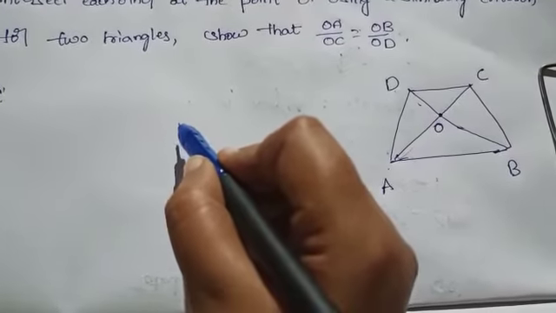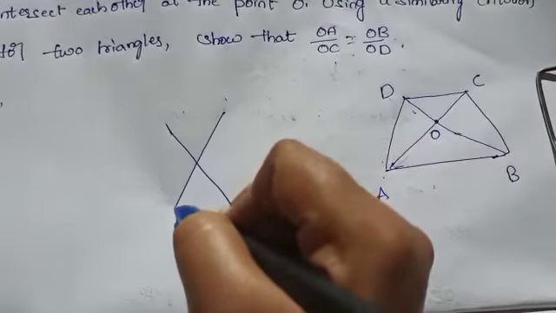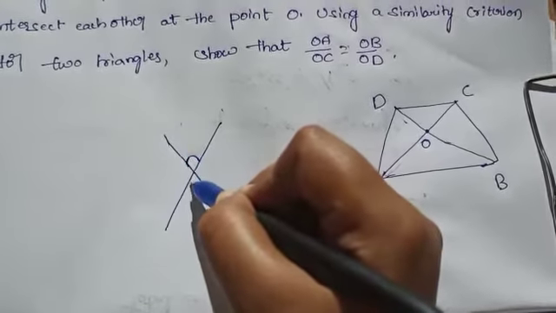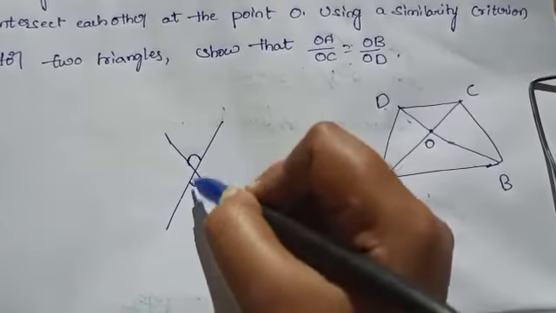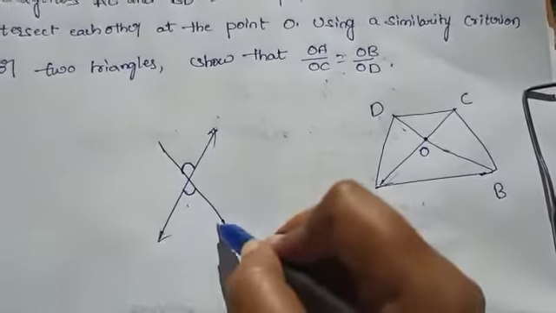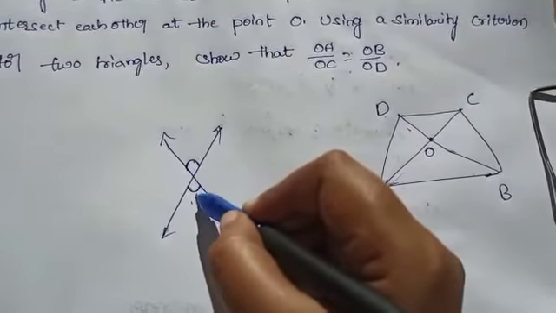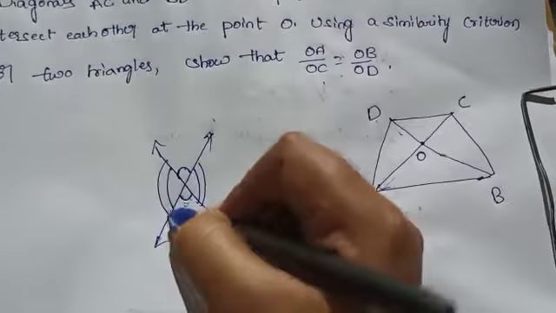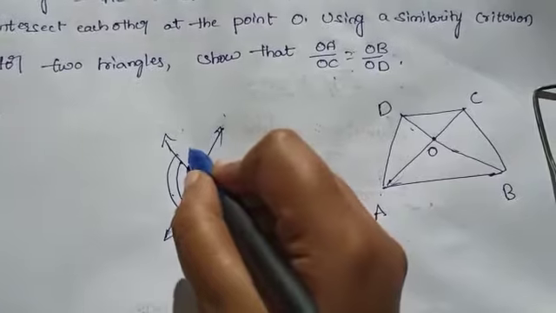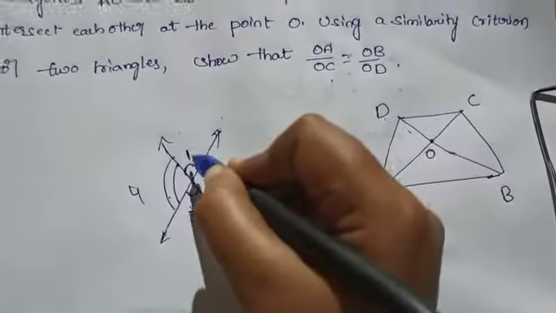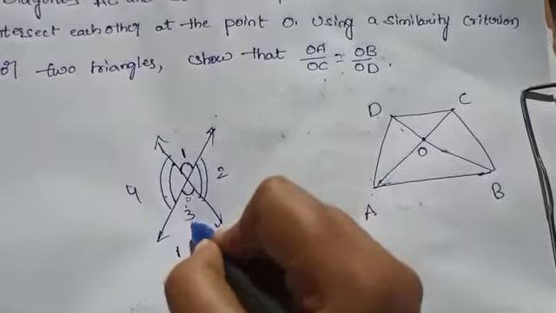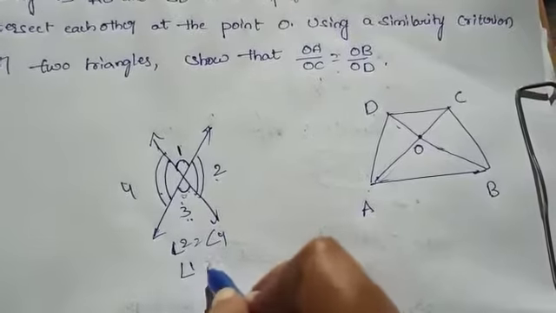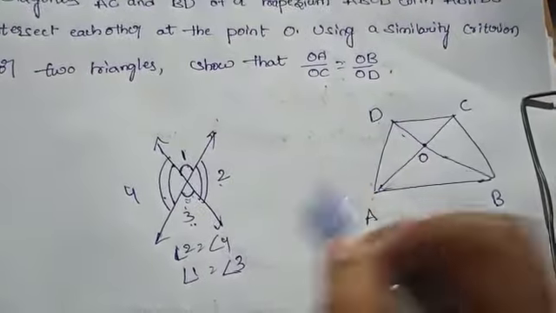We have already studied in 9th class that when two lines intersect, vertically opposite angles are equal. Suppose this is 1, 2, 3, 4. Here 1 equal to 3 and angle 2 equal to angle 4. These are vertically opposite angles.